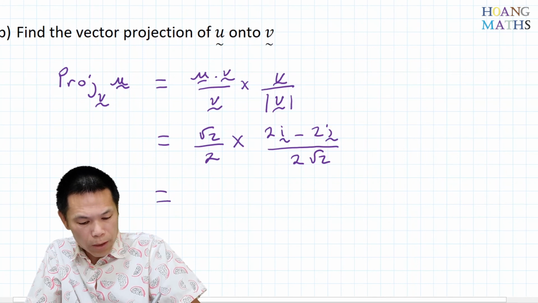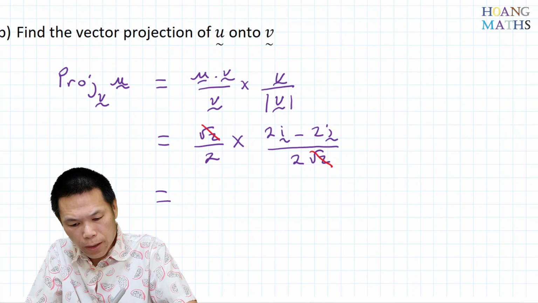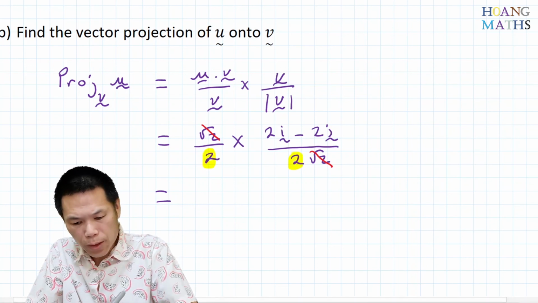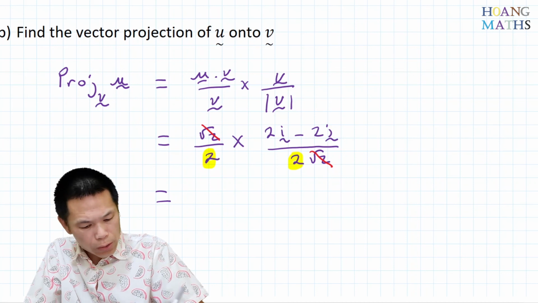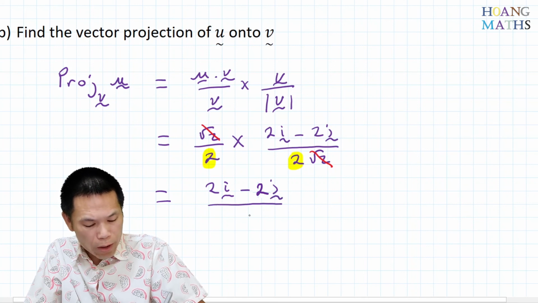Of course, I can cancel this out, and we have 2 times 2 is 4. So that is equal to 2i minus 2j over 4.